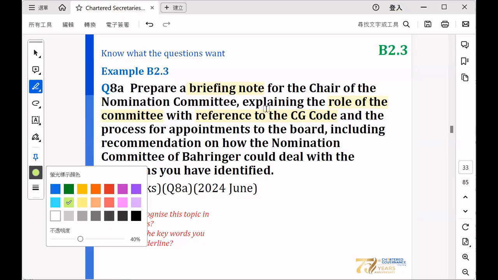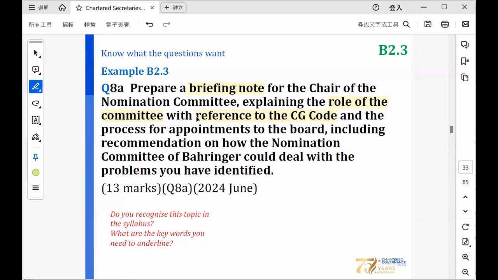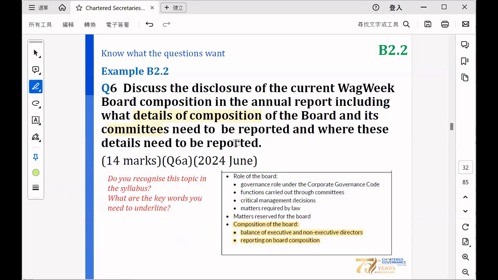It comes up quite a lot of times. Reference to CG code in here. This is not mentioned in here.